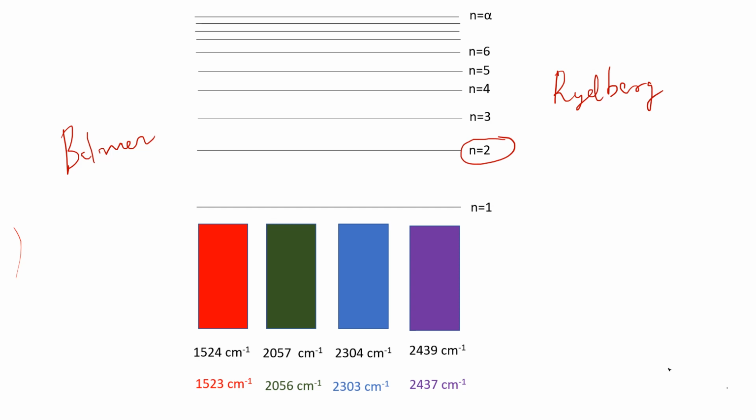That is, electronic transition from any higher orbit to any lower orbit, including the Balmer series, you can predict with the help of the mathematical expression put forth by Rydberg. So that is the importance of the mathematical expression put forth by Johannes Rydberg.